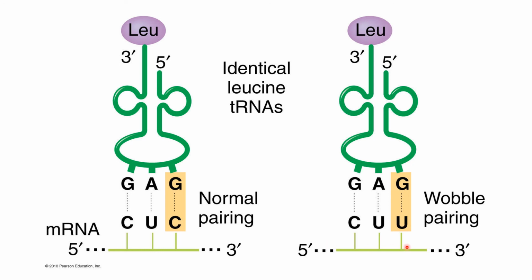This is through the Wobble hypothesis, which states that the third base present at the 3' side of the messenger RNA codon forms a non-traditional and less stringent base pairing with the base present at the 5' side of the tRNA.